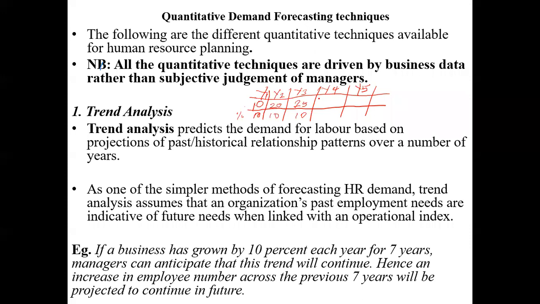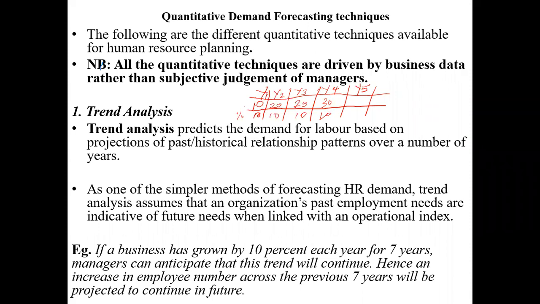In year 4, the demand for our goods and services was still skyrocketing. And so we had 30 employees. The percentage of growth was what? 10%. Now we are in year 4.